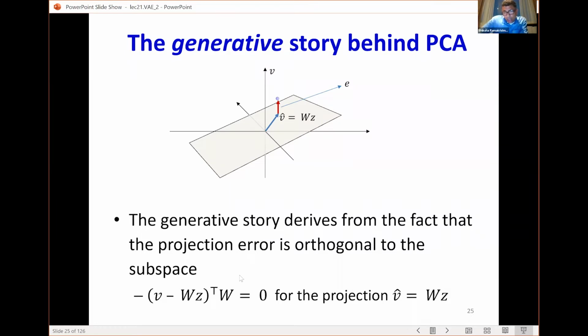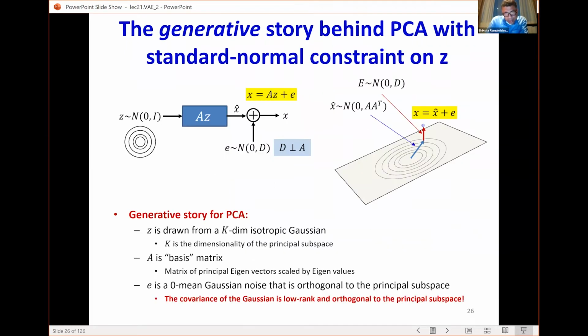Once you keep this in mind, here's what the generative model behind PCA turns out to be. If this principal subspace is k-dimensional, you're assuming that the coordinates of the data point in terms of the bases come from a k-dimensional isotropic Gaussian. In order to generate any point, we first draw the coordinates from this isotropic Gaussian.